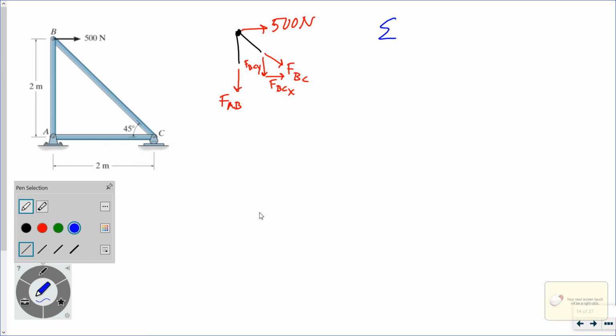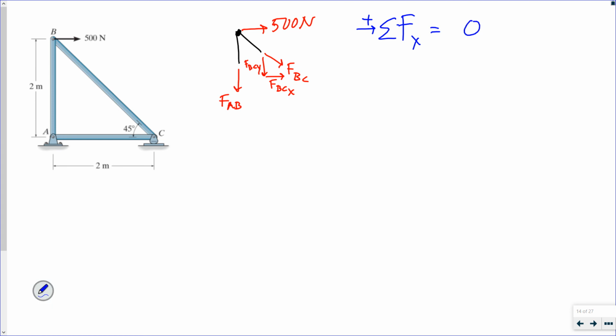Sum of the forces in the X direction, assuming right is positive, is 0. I have 500 newtons acting to the right. And I have the horizontal component of member BC.